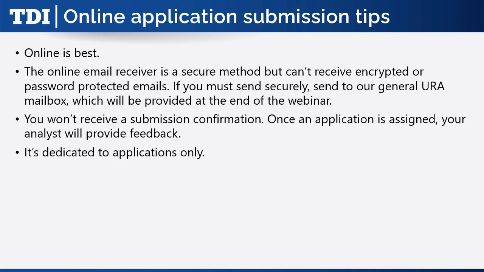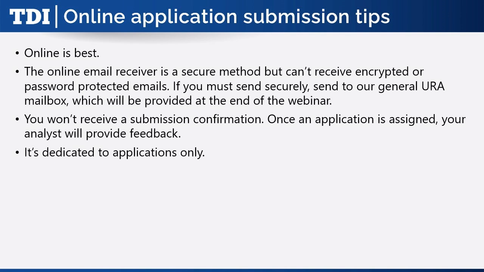So how do you submit URA applications? Online or electronically is the most efficient method. Instructions for each application type can be found from our webpage, which we will provide a link to at the end of the webinar. Please note these tips about our online application email receiver. It is a secure method, but cannot receive encrypted or password-protected emails.